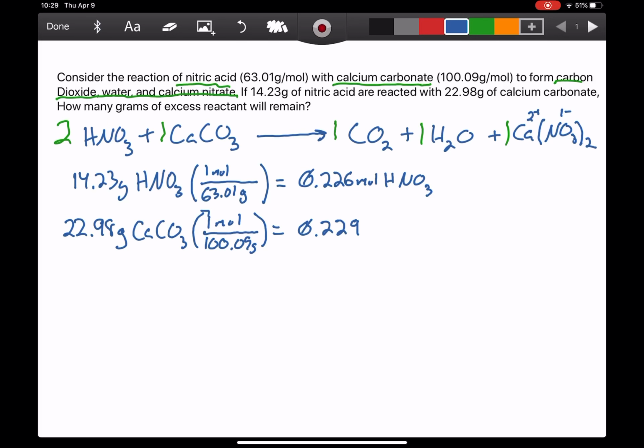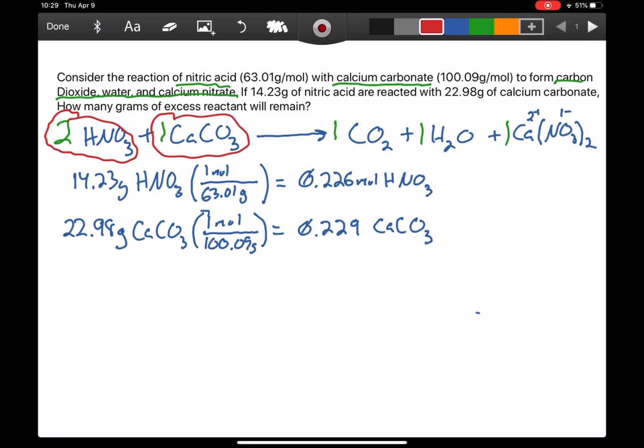Okay, so it's pretty easy to see which one is going to be limiting in this case. We see from our balancing coefficients in our balanced chemical equation that we're going to need 2 HNO3s for every 1 CaCO3.